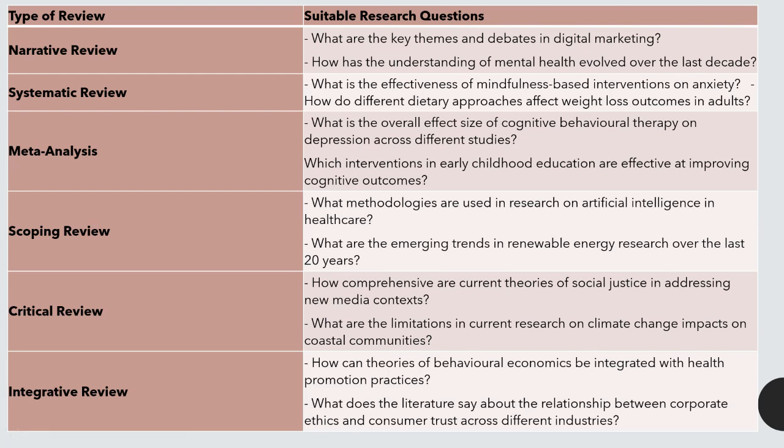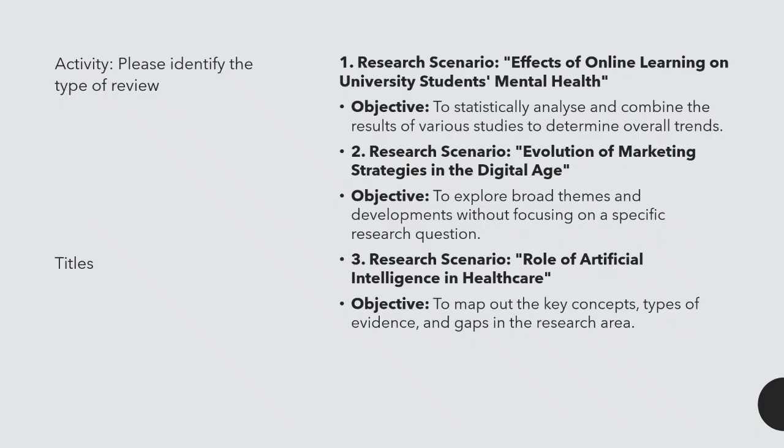All right, so for the next few minutes, I need you to grab a pen and paper or something where you can make notes, because for the next exercise, I'm going to give you a few research titles and the object of the research, and then I'd like you to identify which type of literature review might be the most appropriate.